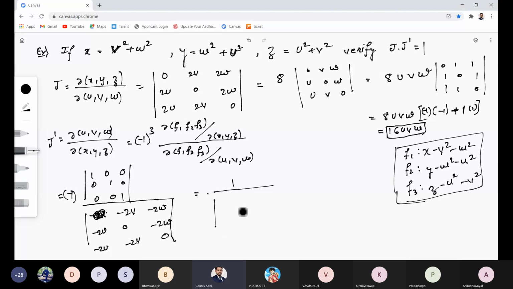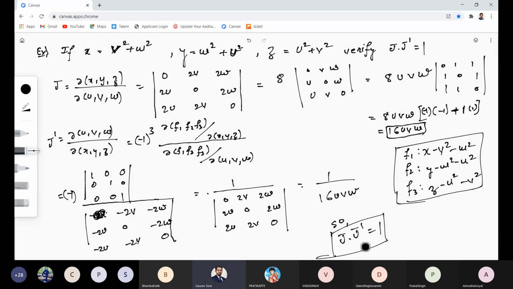And you have determinant 0, 2v, 2w, 2u, 0, 2w, 2u, 2v, 0. This is nothing but what we started with for j. This is 1 upon 16 uvw. So j into j dash will become 1.